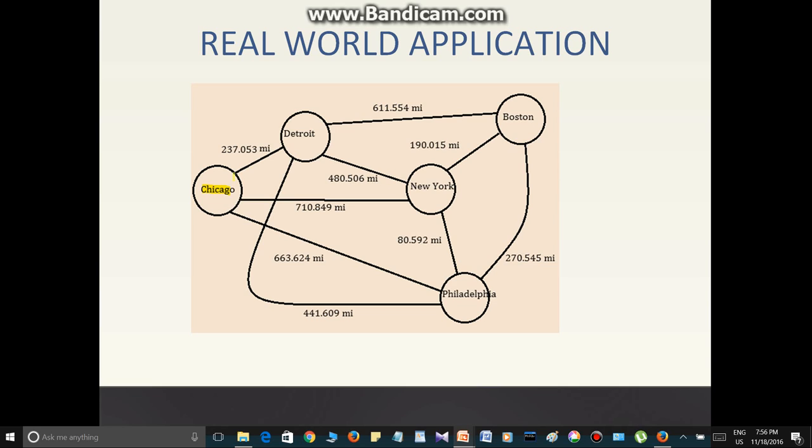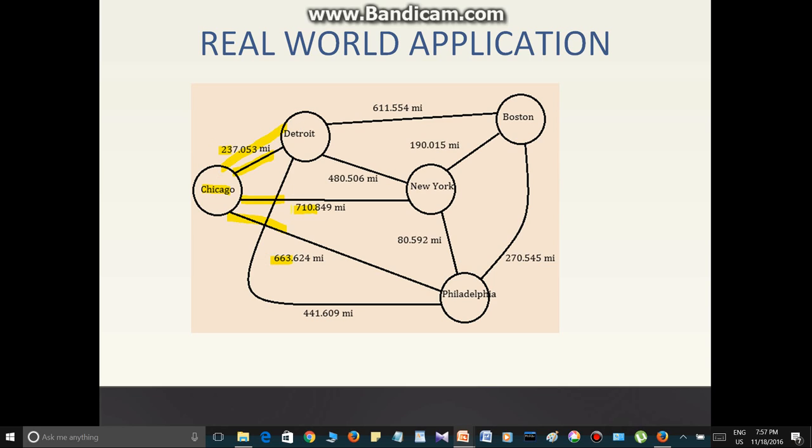From Chicago there are three paths: Chicago to Detroit, which has 237, Chicago to New York, which has 710, and Chicago to Philadelphia, which has 663. Which is the shortest? Obviously 237. So Chicago to Detroit, make a move.